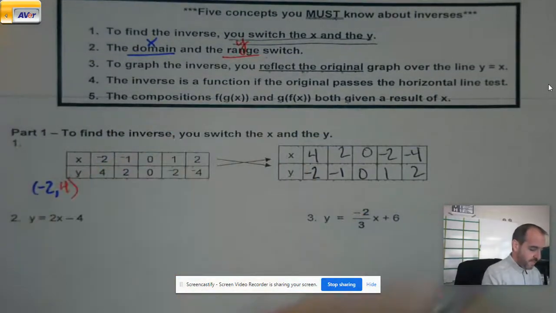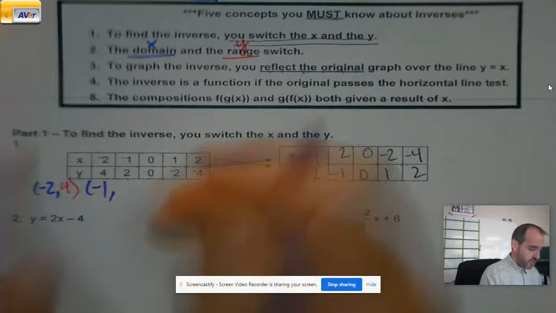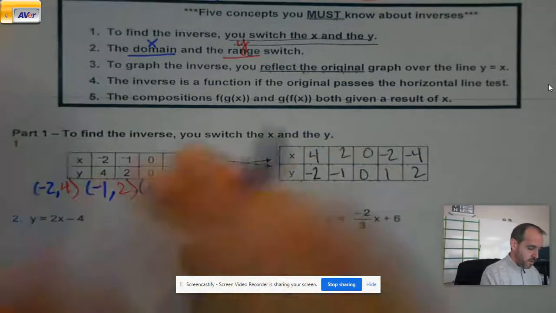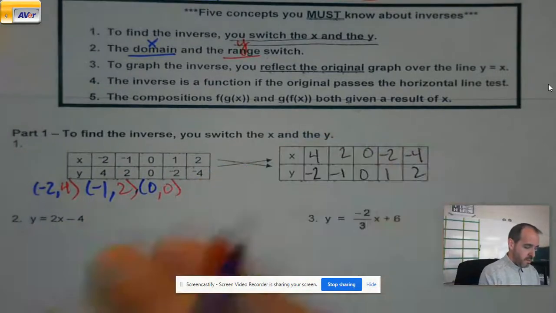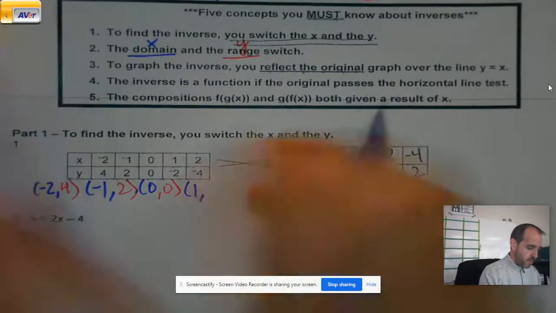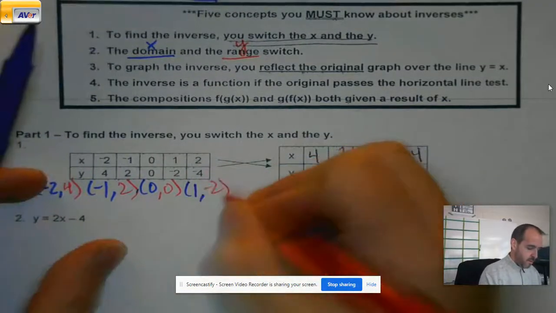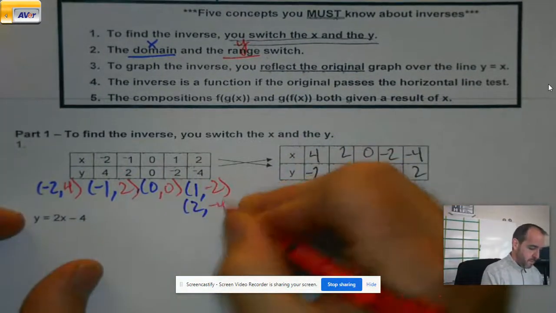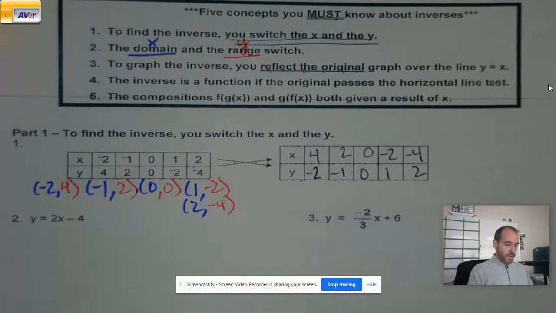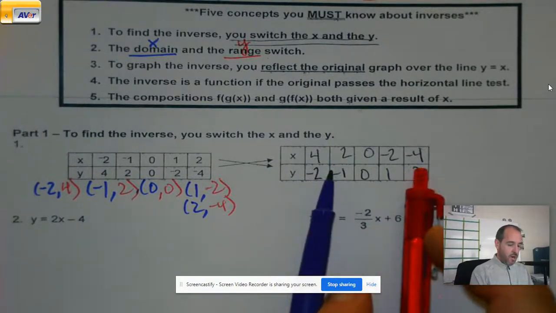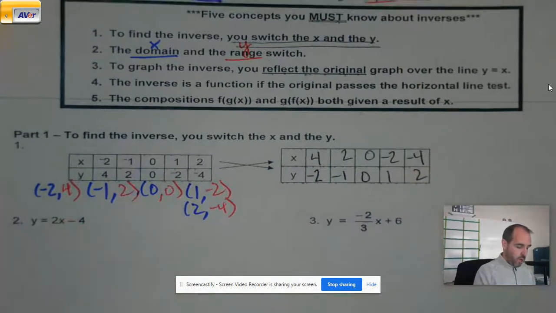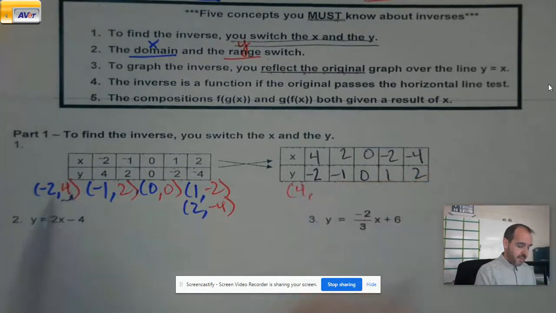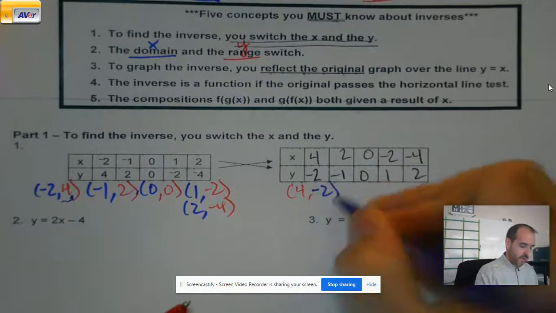I'm going to do these in different colors so you can kind of see. Because then when I come over here, they're all flipped. The 4 has gone into the x slot. The y is over here.